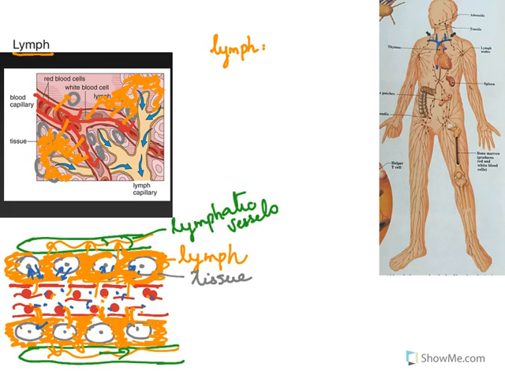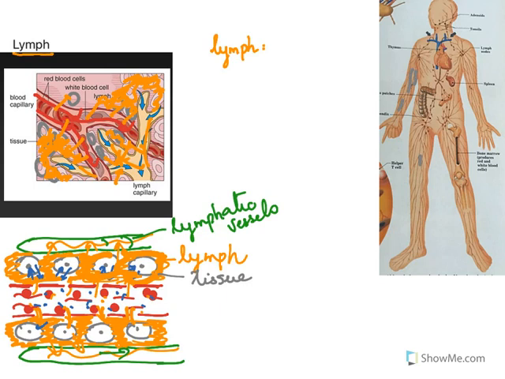And once that is all done, the lymph will start entering into the lymphatic vessels. The lymphatic vessels here are given in yellow, and they will carry the lymph away. Look at this picture again. Like we have the blood vessels, we have an entire system of lymphatic vessels.